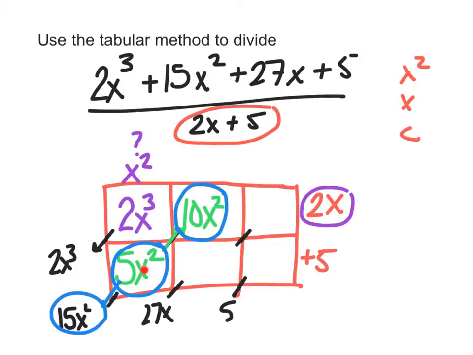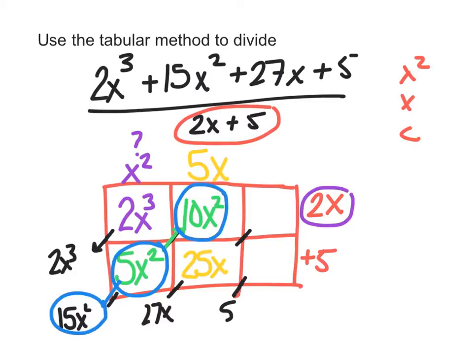Now that those check to make 15x squared, I can go get this upper box because 2x times something has to be 10x squared. And I'm going to say that's 2x times 5x. And just verify, 5x times 2x makes 10x squared. So now that I know this is 5x and this is 5, I can go get this box down here. That's going to get me 25x.